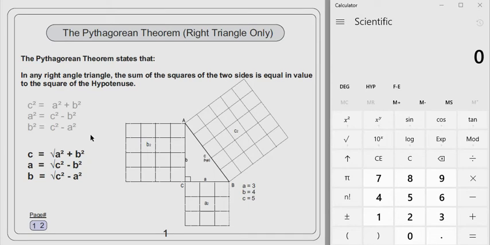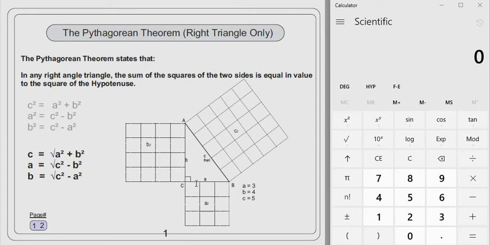Now we can cut through the math a little bit and go down to this set of formulas down here, which states that the linear value of c is equal to the square root of the other two legs squared and added together. So you add a squared plus b squared and then square root that value, and that'll give you the linear value of c.